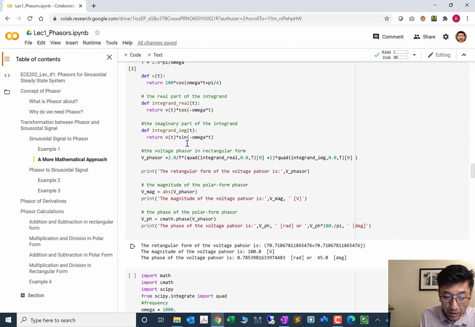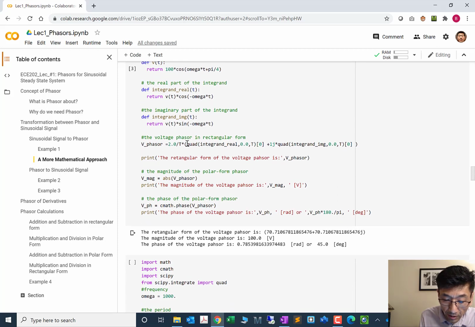Then you can integrate. And if you execute the code, you get the polar form of the phasor, and you have 45 degrees or pi over 4. You can also check with a sine function, which automatically will give you the phasors with the correct phase angles.